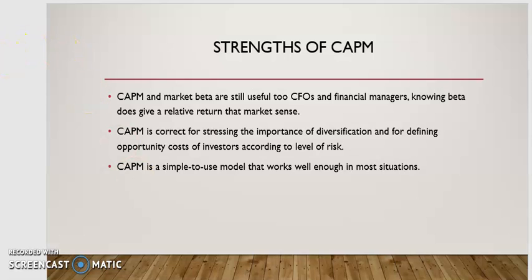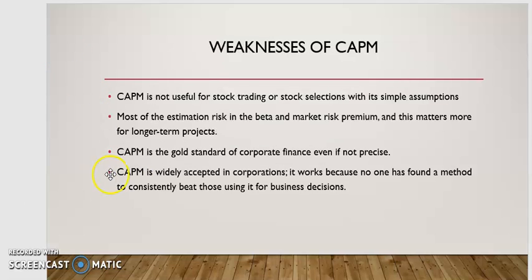But what are its limitations? Firstly, CAPM has a lot of assumptions, and based on these assumptions, it is not a useful tool for stock trading or stock selection because of too many assumptions.